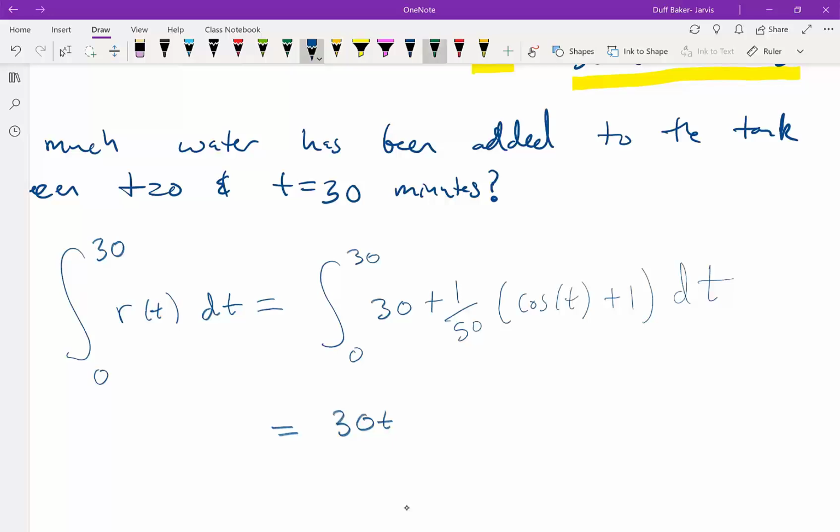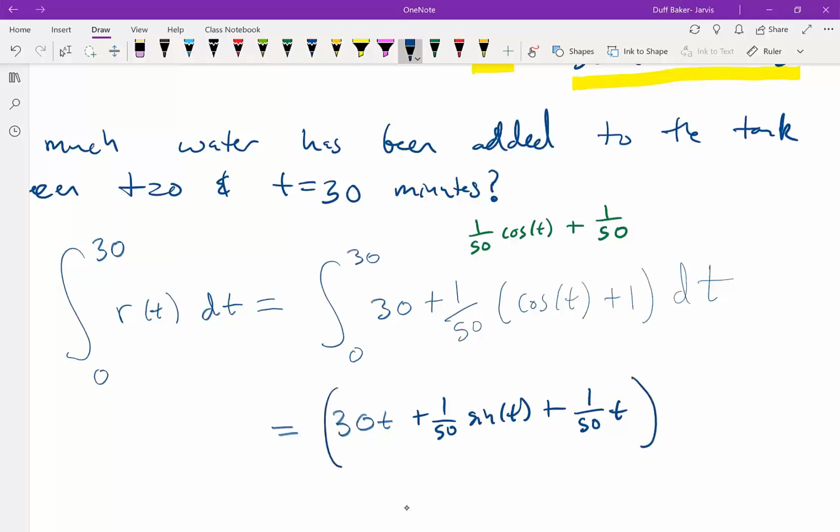And then maybe it's useful to simplify this to be 1 over 50 cosine of t, just distribute it to be 2 terms, plus 1 over 50. Now the antiderivative of cosine is sine. And the antiderivative of a number will just be that number times t. So that's our antiderivative. Then we have to plug in this from 0 to 30.